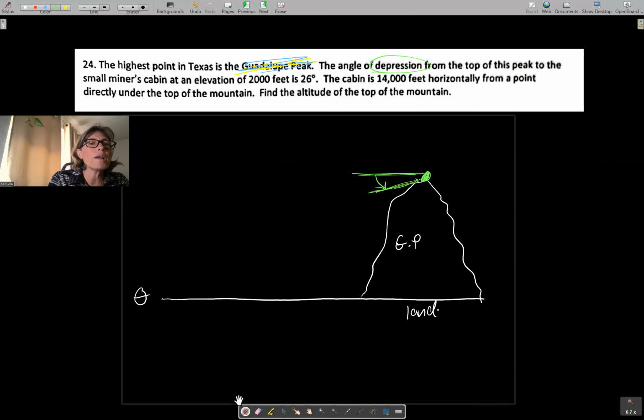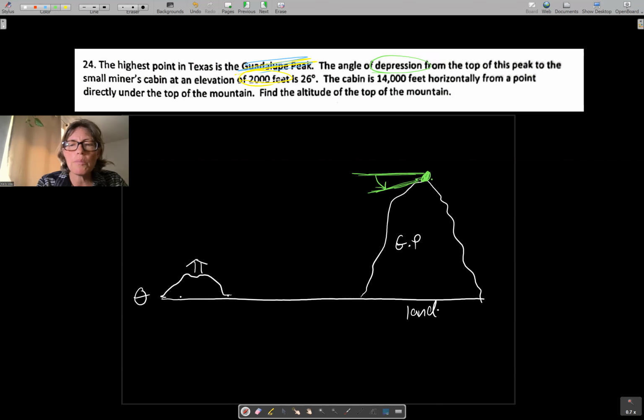Miner's cabin. Now, a miner's cabin is also 2,000 feet above the ground. So it's on a small, some sort of hill of sorts. So here's your cabin.